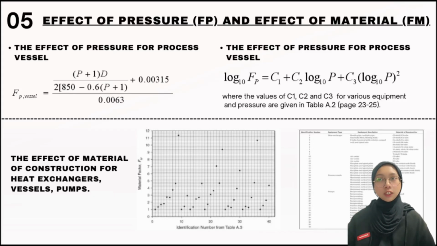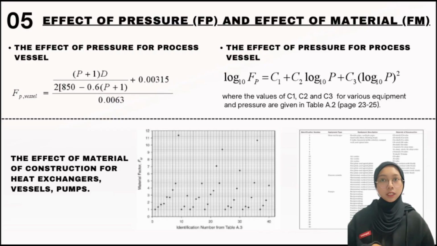Now I will continue about the effect of pressure, which is FP, and the effect of material, which is FM. Here we have two formulas for FP. The first formula is P plus 1 times T divided by 2 times 850 minus 0.6 times P plus 1, plus 0.00315, divided by 0.0063.